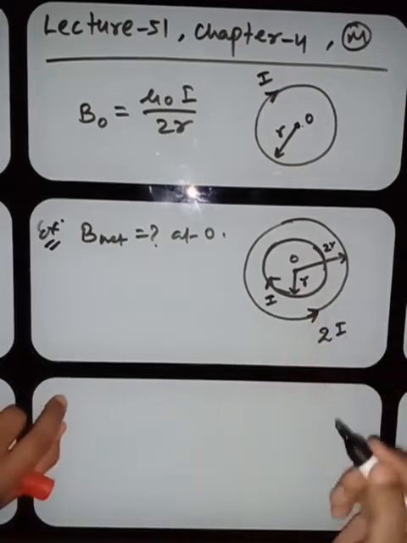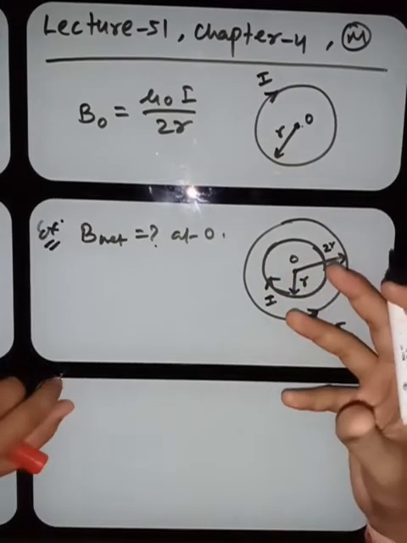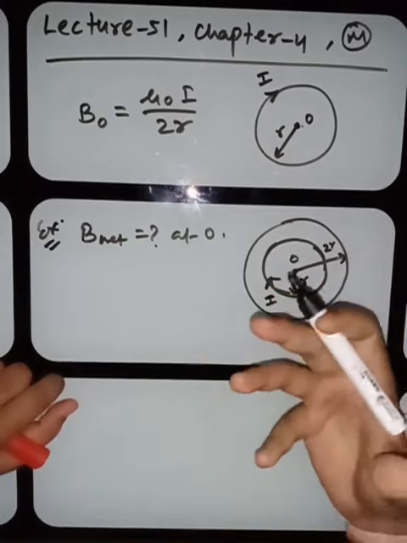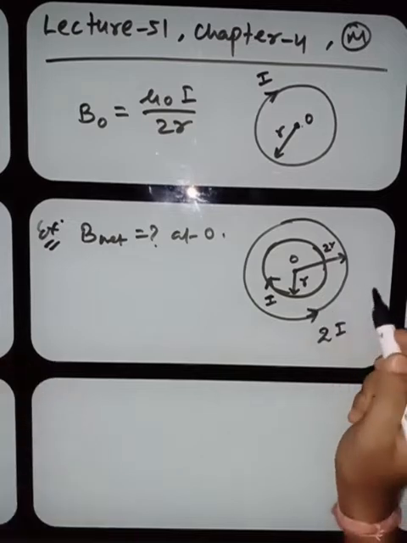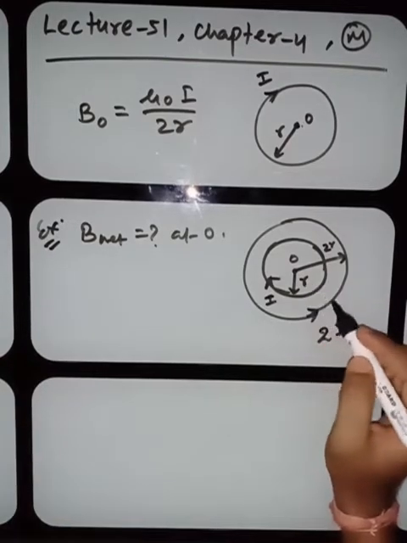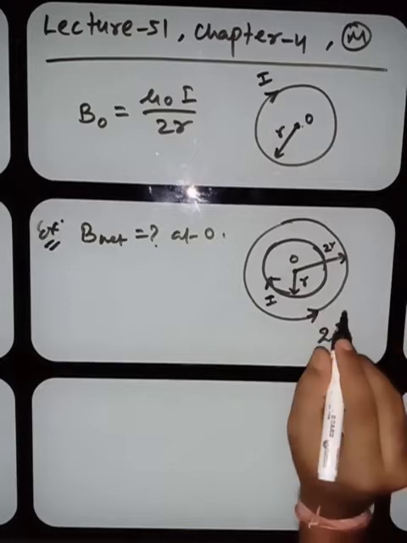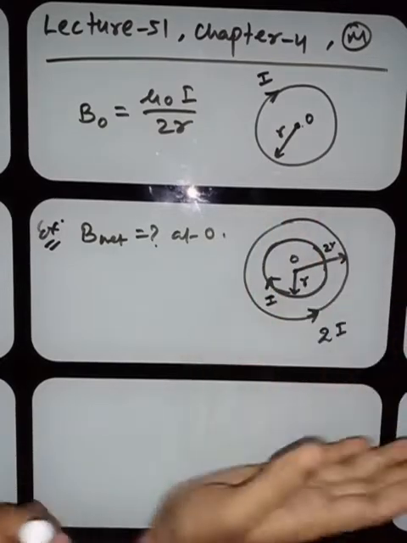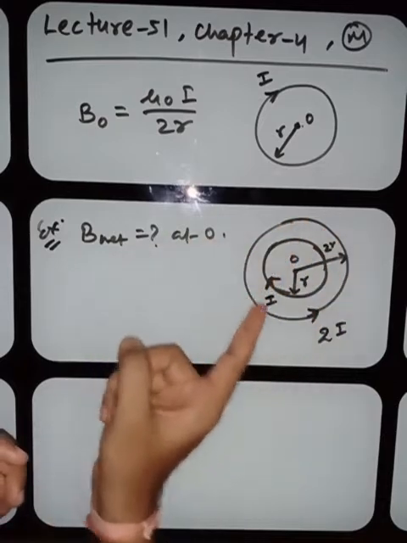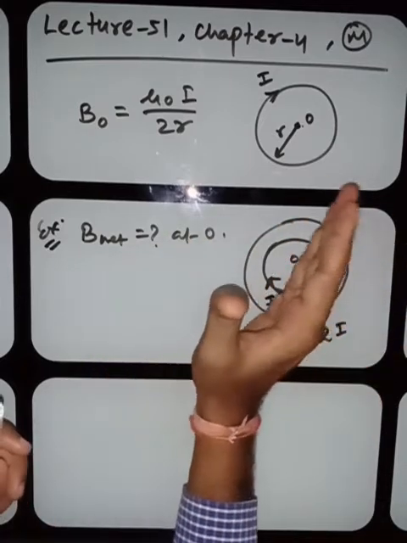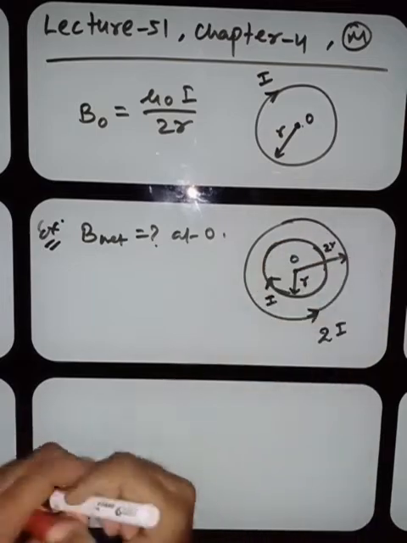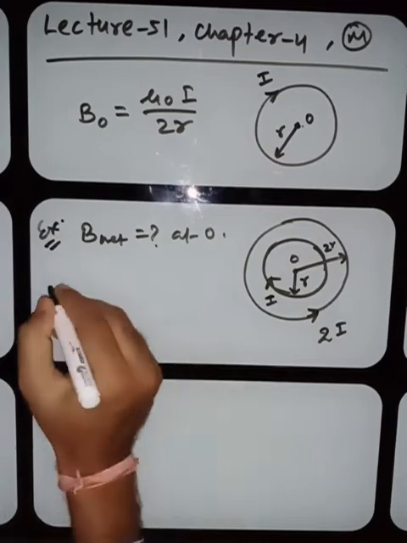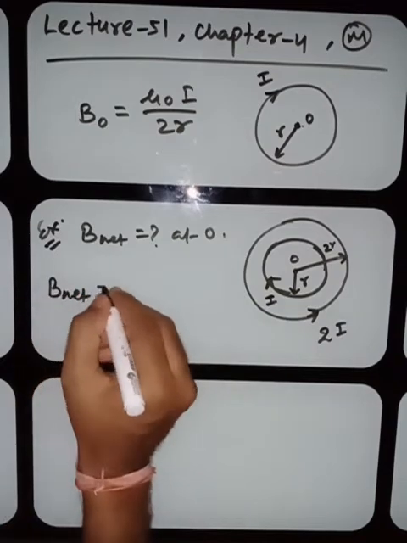Now here we have two circular coils, so we will have two magnetic fields. Due to the inner, smaller loop, the magnetic field is downward, and due to the outer one, the current is moving in this direction. Let me curl the forefinger in this way; we find the magnetic field in the upward direction. If upward is taken as positive, then downward will be negative.